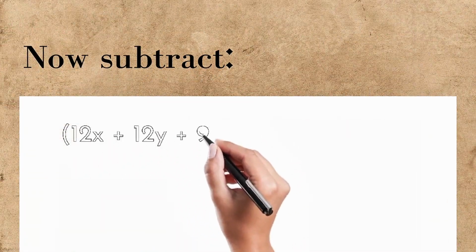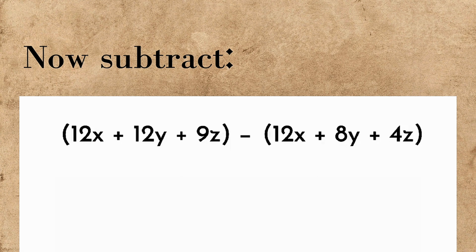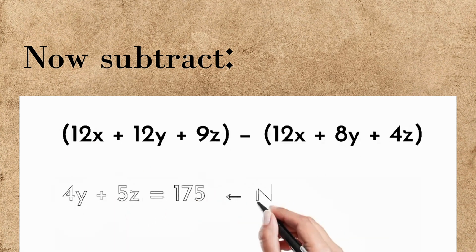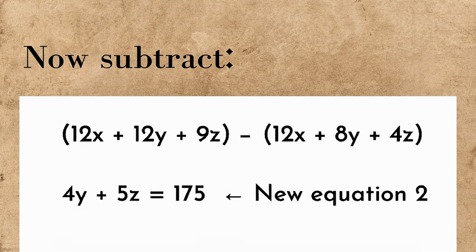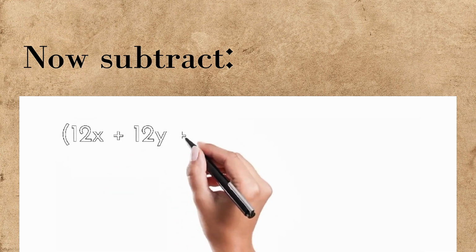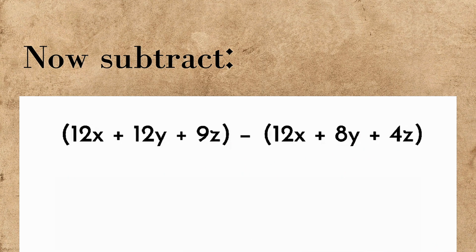So 12x plus 12y plus 9z minus 12x plus 8y, so it equals 4y plus 5z equals 175. And that is the new row 2 equation.